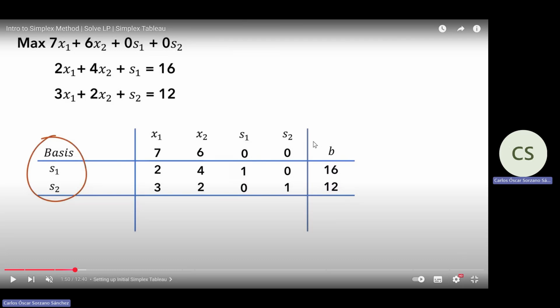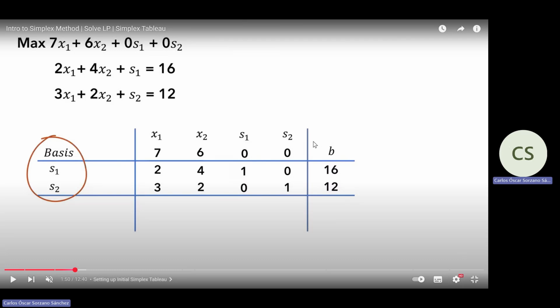So we have found s1 and s2 equal to 16 and 12, so we put it there. Then we write the coefficients of the goal function here, and we write the constraints. So the constraints are 2, 4, 1, 0, and then 3, 2, 0, 1.